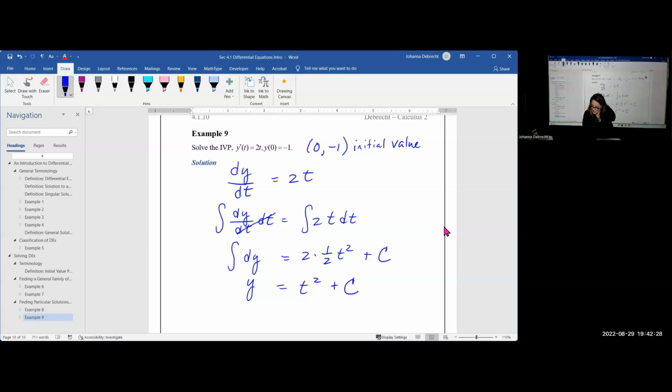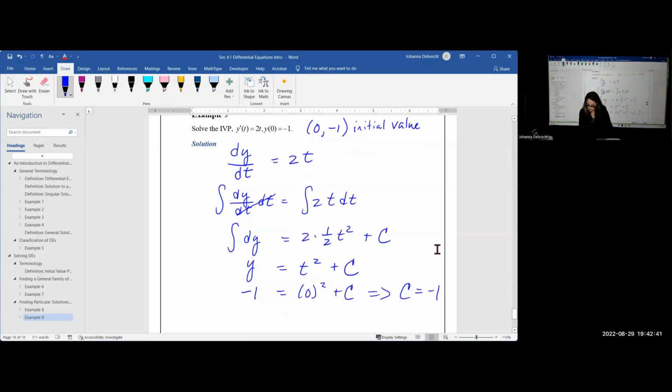So we're going to take -1 and replace y. We're going to take 0 and replace t. And that basically implies that c equals -1. And so the particular solution becomes the following. y equal t squared minus 1. And that becomes the particular solution to this problem.